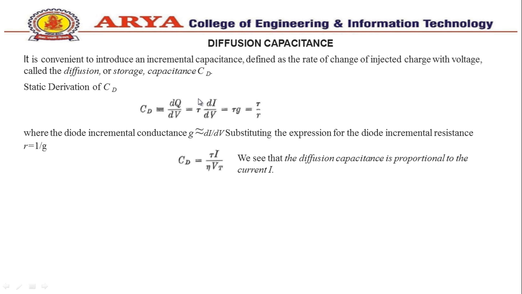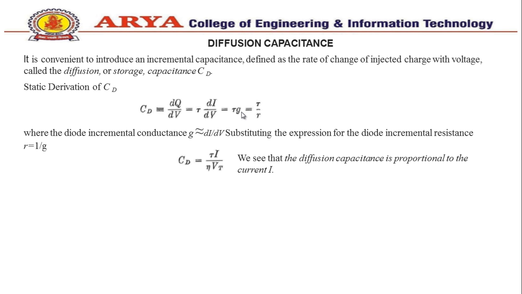If we talk about the static derivation of CD, CD can be given by dQ upon dV, or we can write it as tau dI upon dV, or tau times G, or tau upon r, where the diode incremental conductance is given by G equal to dI upon dV.